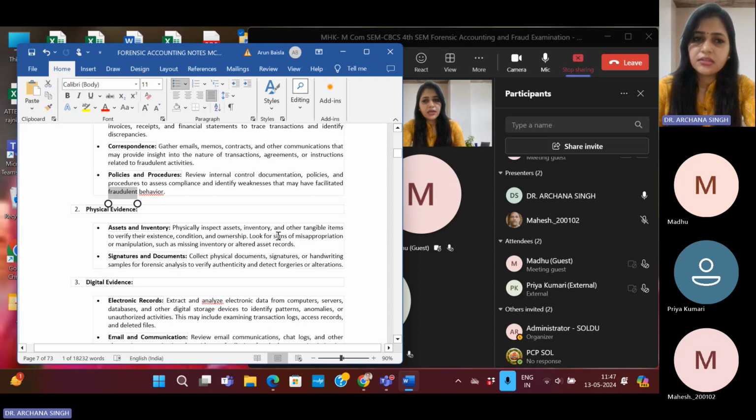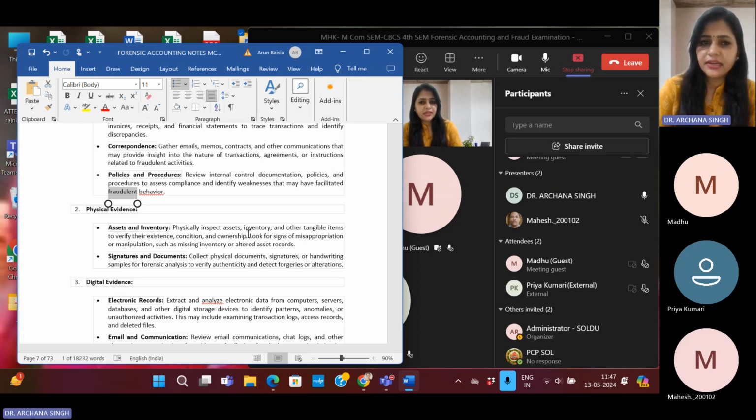So if there are tangible assets or inventories, they can verify their existence, their condition, and their ownership. If they see any signs of misappropriation or manipulation, such as missing inventory, missing assets, or asset records that were changed or altered, they can collect those physical evidences.